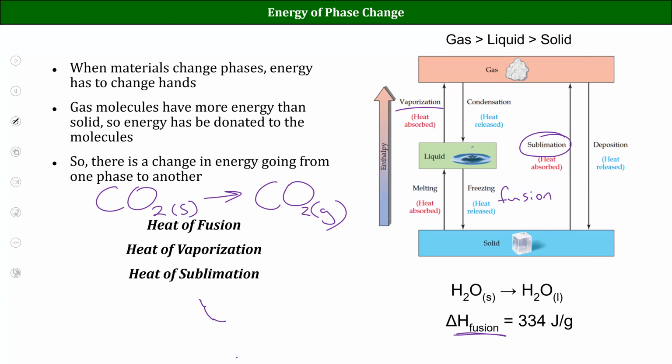Can everything sublime though? We don't see water doing that very often. But it does. Water does sublime, just not at sea level. And not really even at our altitude. But what's the difference between snow and hail? They're both solid water, right?